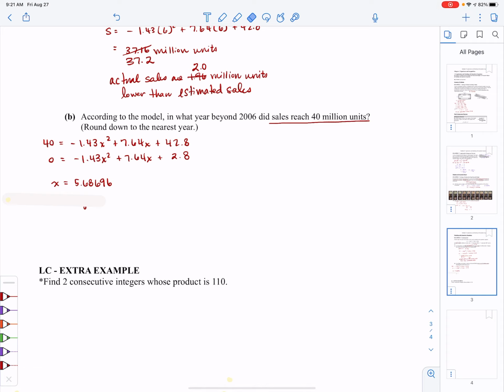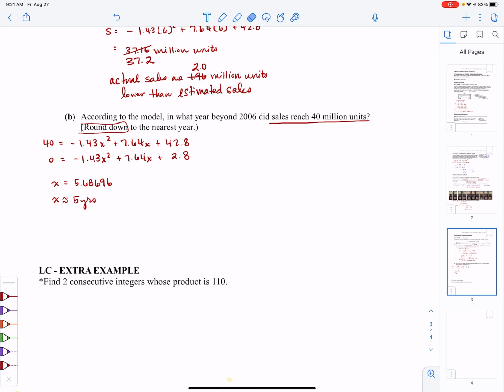We're supposed to round down. Normally, we would round this number to 6 years, but this says that we're to round down to the nearest year. So we're going to say then that it's 5 years. My X value is approximately equal to 5 years.